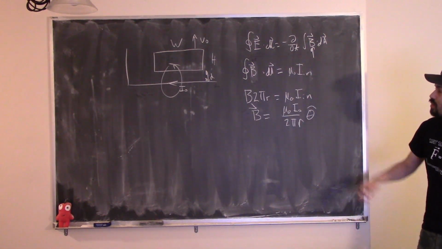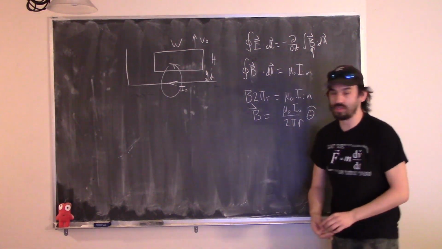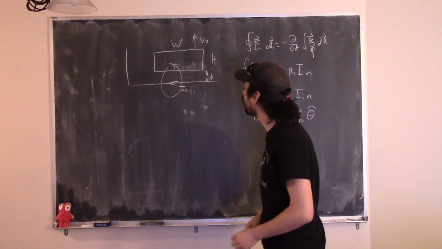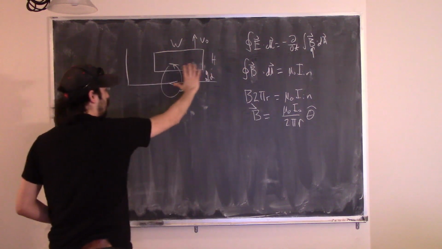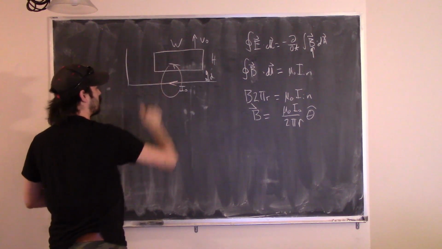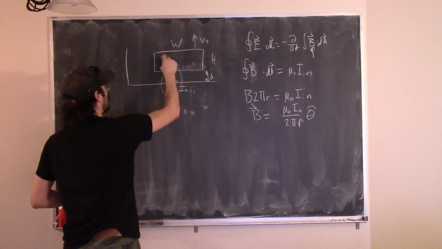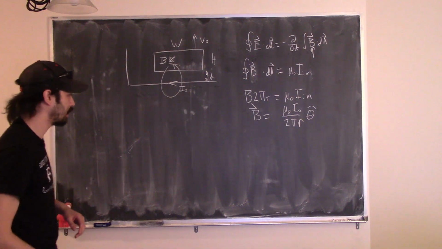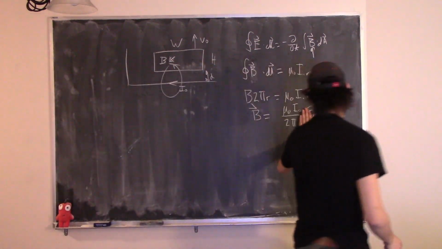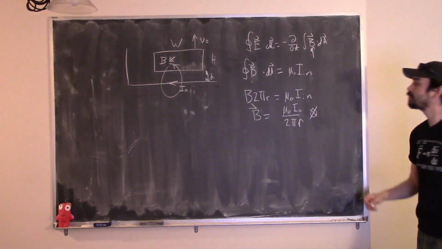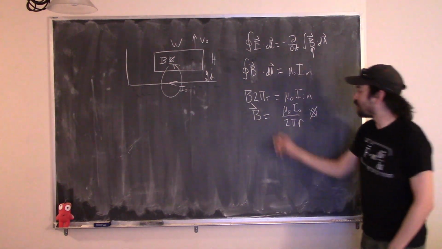But we need to know what the direction of the magnetic field is above this wire in the plane of the board. And so what that means is apply our right-hand rule, thumb in the direction of the current, curl in the direction of the magnetic field. This magnetic field here, so this is going to be B, is going to point in, like this. And so this theta hat here is really just going to be some vector that points in. Okay. So now we have our magnetic field.